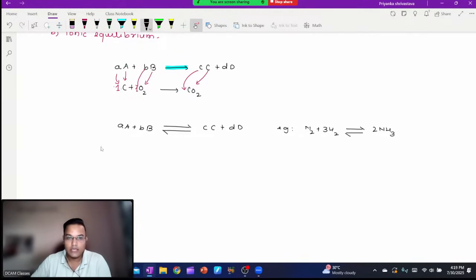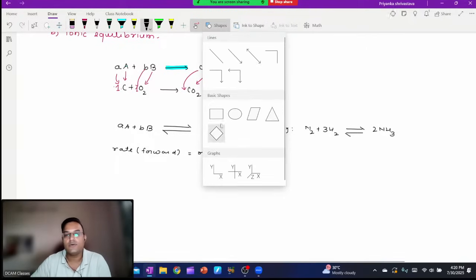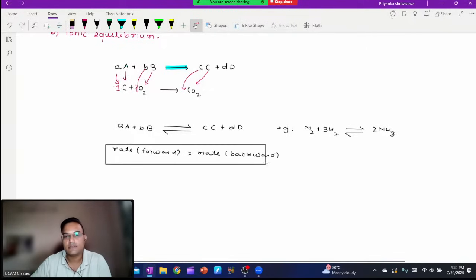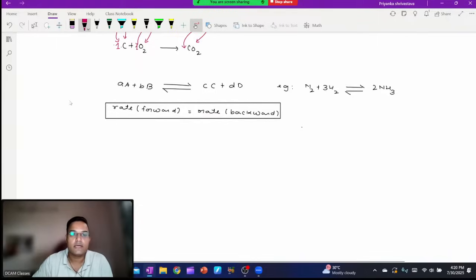Now, when we are talking about equilibrium, I said the rate of forward reaction must be equal to the rate of backward reaction, that I said just now. Now, we should know how to calculate the rate first in a reaction. This is the required condition for equilibrium.